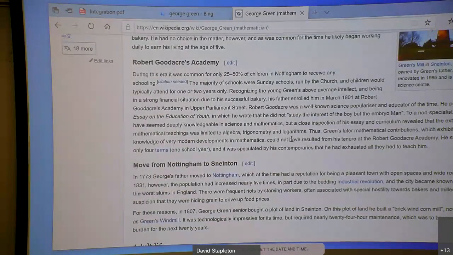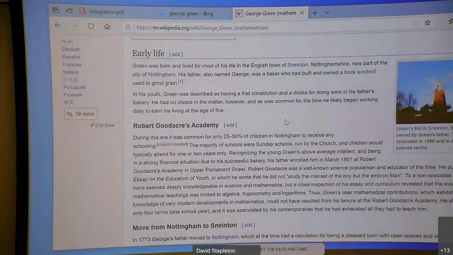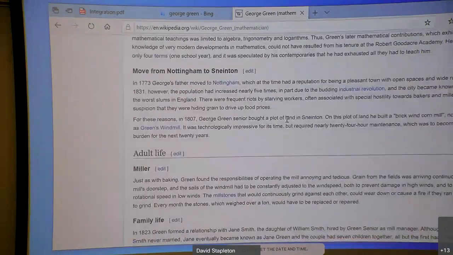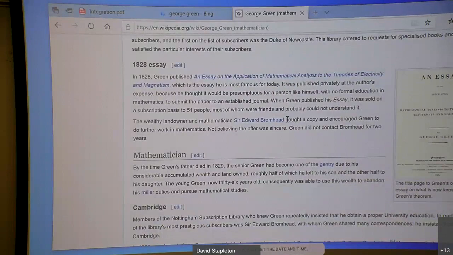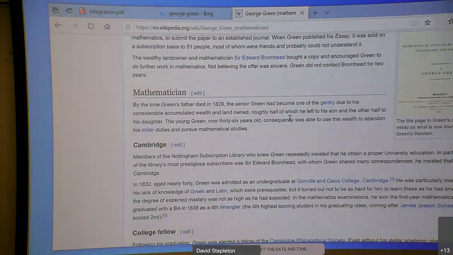It was a smaller local publication, and nobody knew about it until after he died, hardly. Green published his essay. It sold on a subscription to 51 people, most of whom were friends and probably could not understand it. That's what it says here in the Wikipedia.